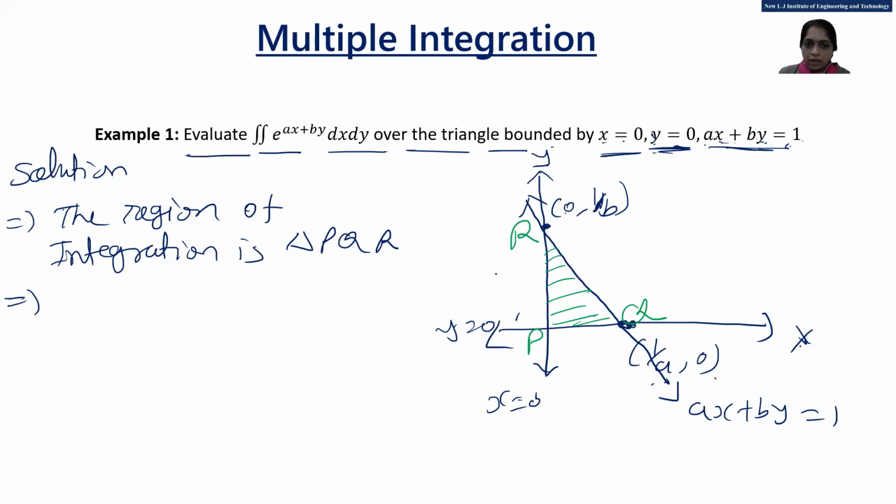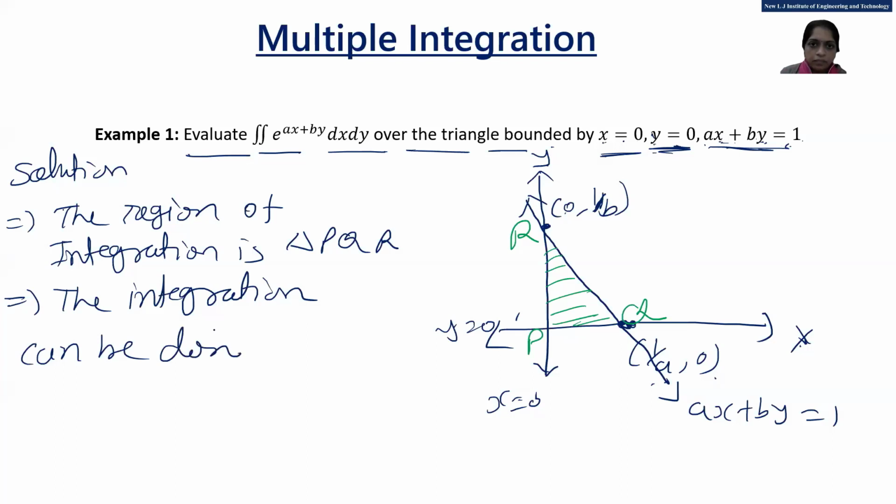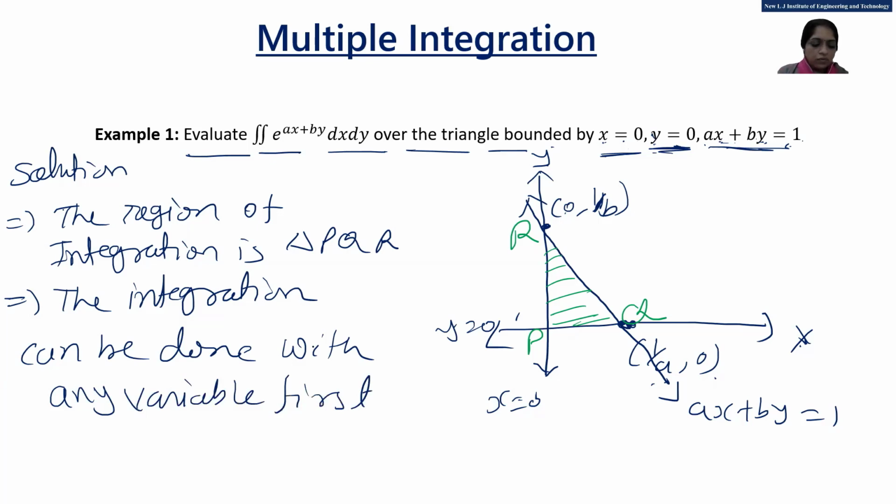In this case, both are the same. Okay, now we want to find the points of intersection. This point is 0, 0. The other point is 1 by a, 0, and this is 0, 1 upon b.